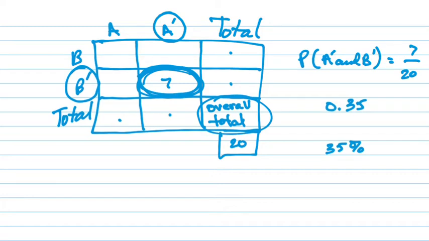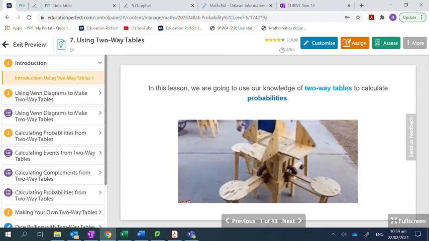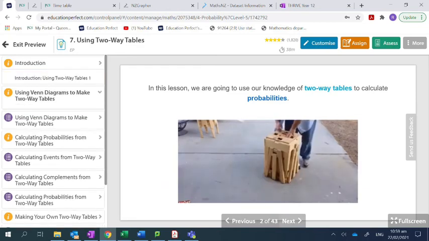Good. All right. So that's what we're going to be doing, is we're going to be practicing building our own two-way tables. And again, looking at the information in different ways, because it can be presented to you in lots of different ways, and you need to be prepared to deal with all. Okay. So let's just go to our Education Perfect lesson. Again, we're just talking about using two-way tables to calculate probabilities.